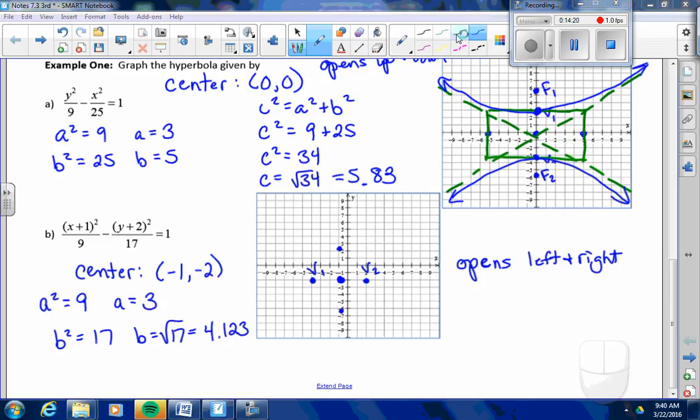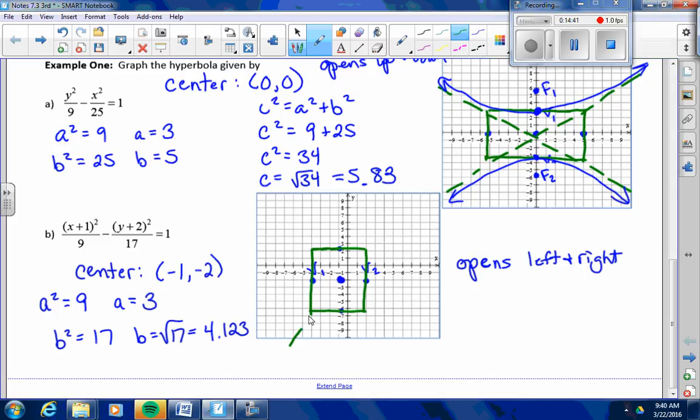And then we're going to draw the box. And then we need to draw the asymptote lines.